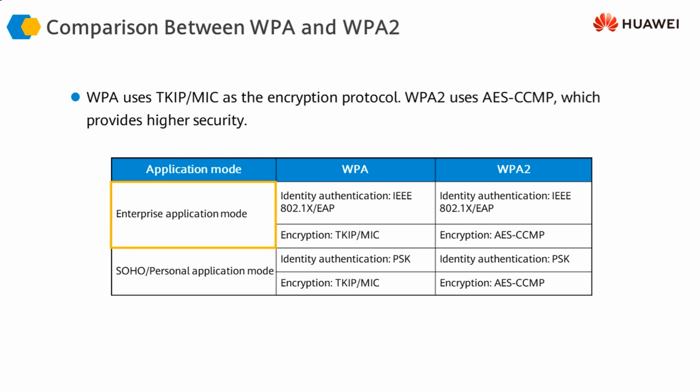So in general, if you want to see in which environment you'll use TKIP and MIC, or WPA, and in which environment you'll use AES and CCMP using WPA2: in small office, home office environments, or in smaller enterprise environments, you would generally be using WPA, but in larger environments you would most probably be using WPA2.